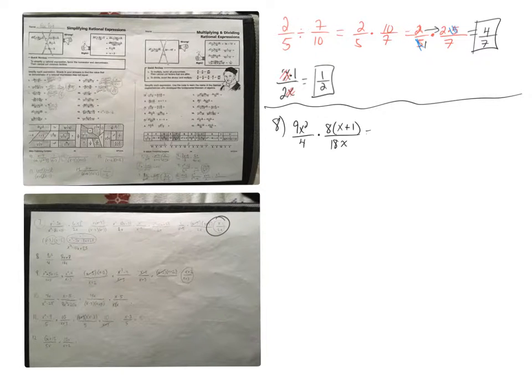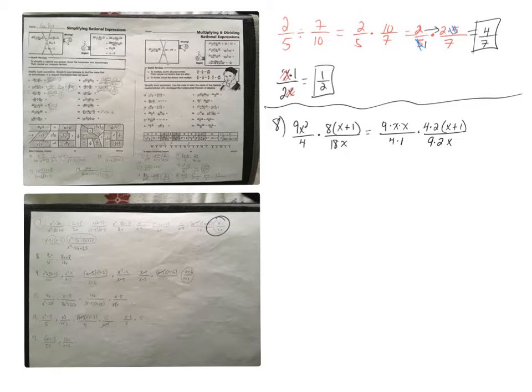So if I wanted to fully factor these things, you could see the 9x squared is really made up of a 9 and an x and an x over that 4, which we could think of as 4 times 1, and then the 8 we can think of as 4 times 2, x plus 1, and then the 18x in the bottom as a 9 and a 2 and an x.